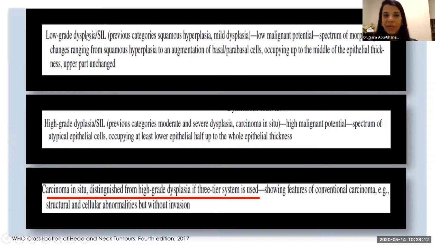The low-grade dysplasia will include the categories of hyperplasia and mild dysplasia, and the high-grade one will include moderate, severe, and carcinoma in situ. I feel like this makes it much easier to understand what to do with the patient and how to treat them.